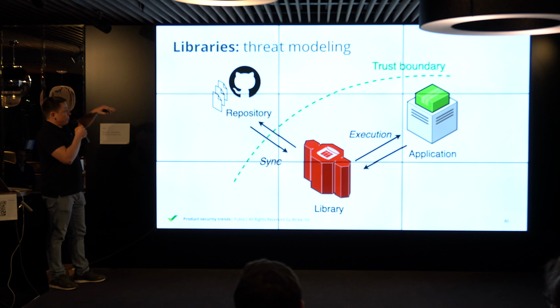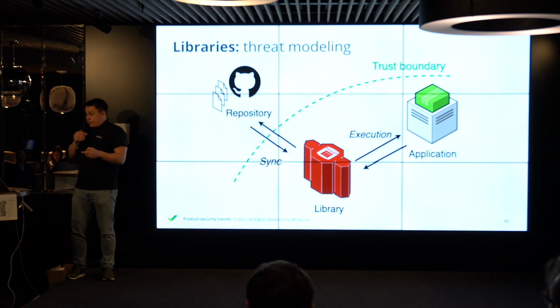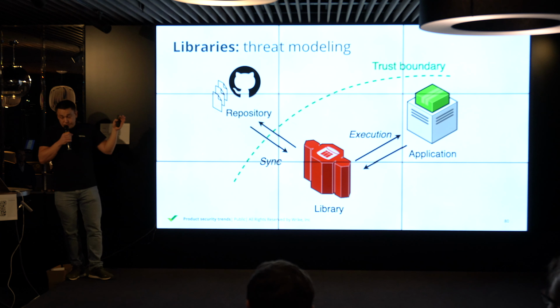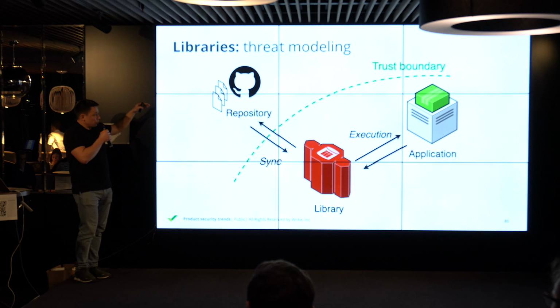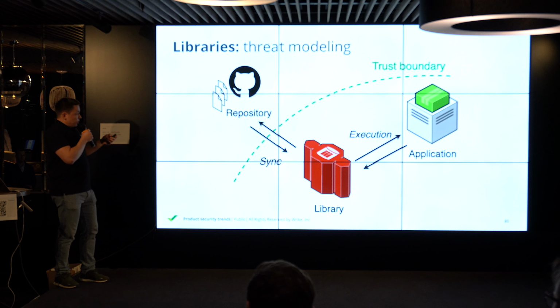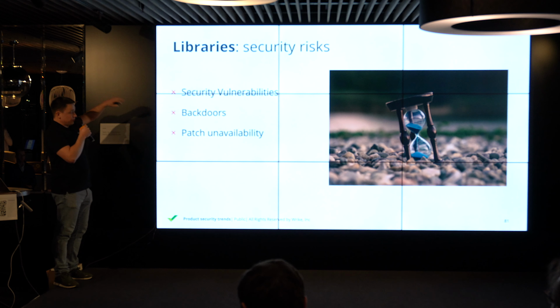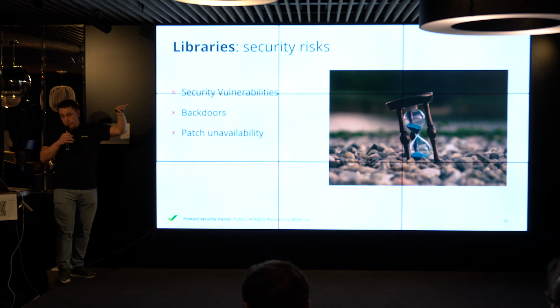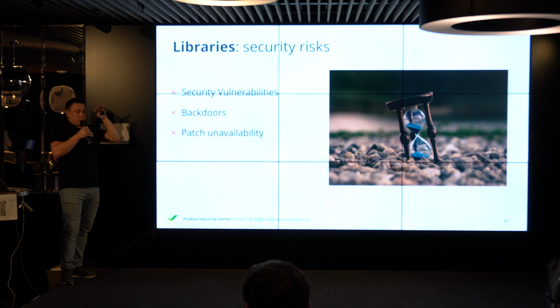There is an overview of threat modeling, and as you can see, the main risk here is uncontrolled external changes, which could be done by anyone who has access to this repository. And this case can lead to the following security risks. Security vulnerabilities. Everybody knows that security vulnerabilities are present everywhere.